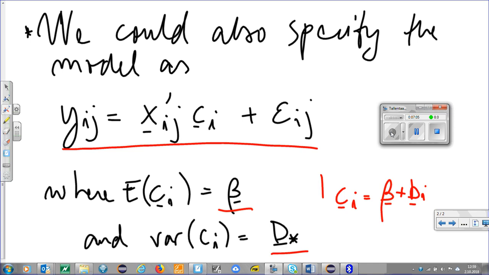And Ci is just the sum of vector beta and bi. This formulation illustrates that actually we can think that the fixed part just gives the expected values of the parameters, and then the random part specifies how much the group-specific parameters vary around their expected values. The expected value is given by this beta vector, and the variance covariance matrix of those differences is given by the matrix D star.